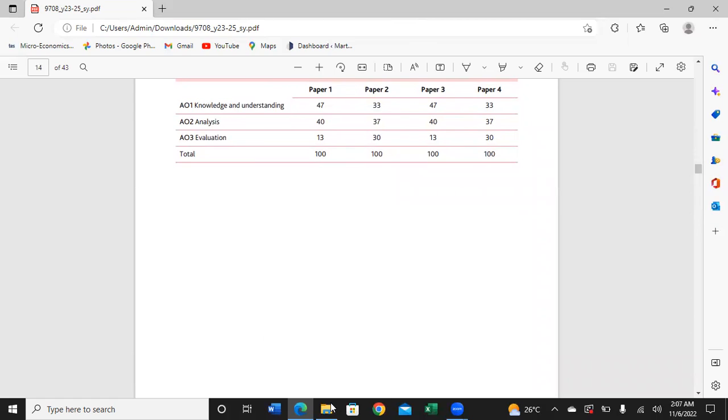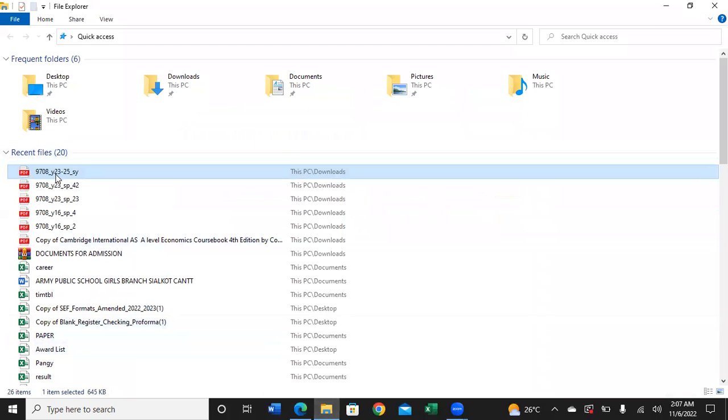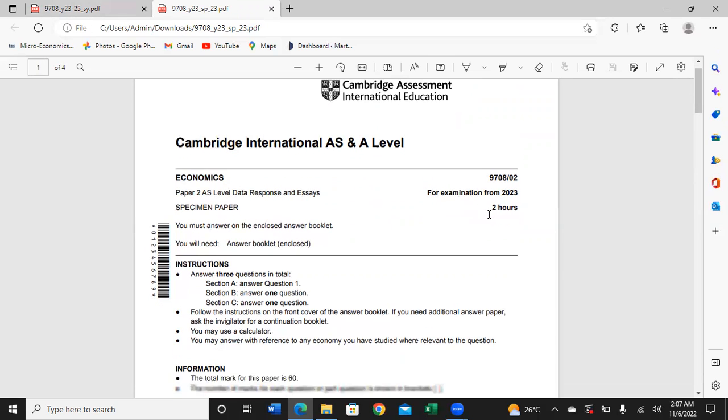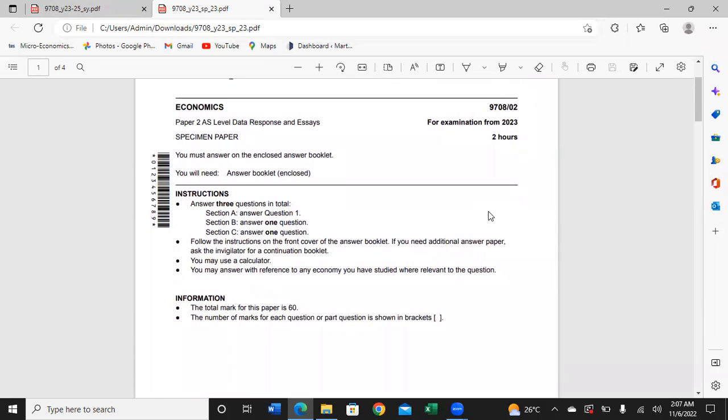Now I come back to the specimen papers, which I can show you. Paper 2. This is your specimen paper, AS Level Economics 9708/22. In our region, variant 2 is the one provided by Cambridge International Examinations.